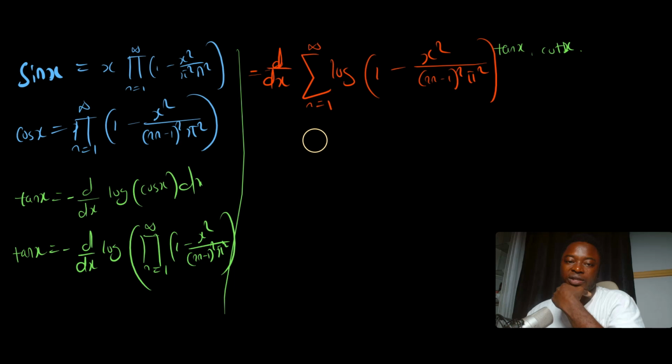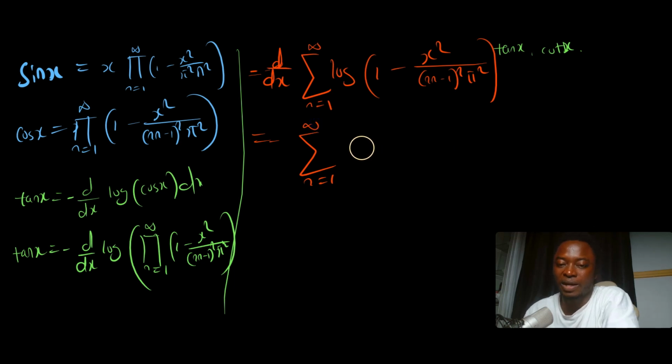Now if you take the derivative, you will have negative times the sum as n runs from 1 to infinity of, at the bottom, 1 minus x squared divided by (2n minus 1) squared pi squared.